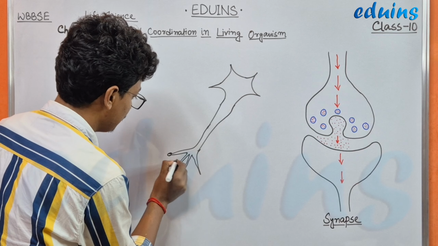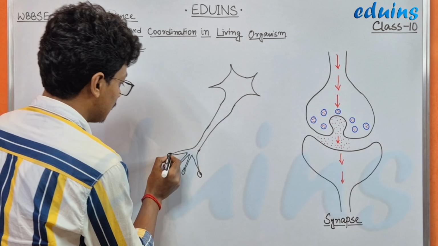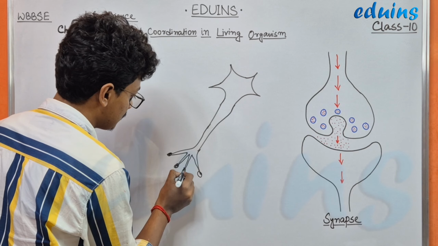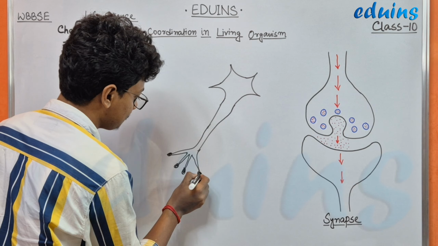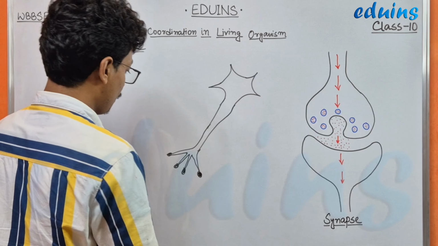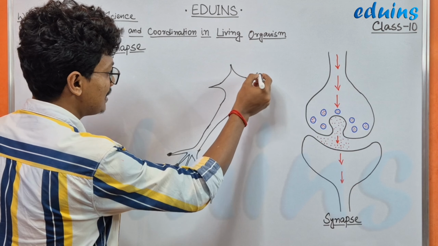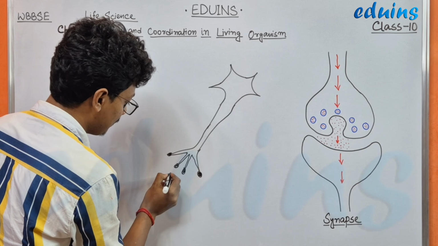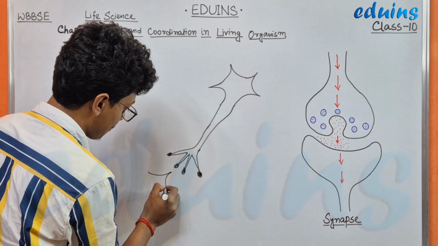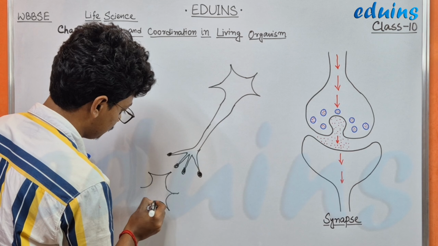Okay, and at the end of the neuron, that bulb-like structure is known as the synaptic knob. So this is a neuron, and here is another neuron.